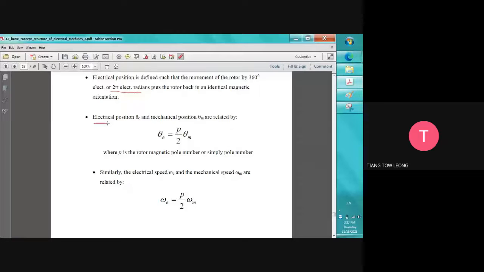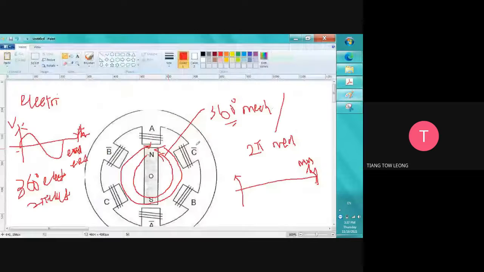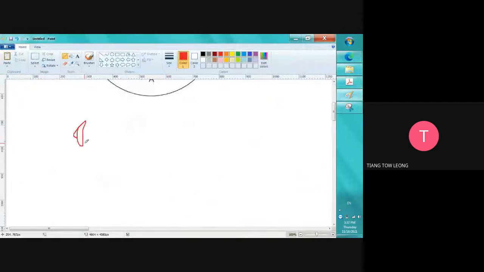In order to relate the electrical position and mechanical position, we use the formula theta E equals pole pair P times theta M. For example, we have a theta M of 20 degrees and the number of poles is 2.